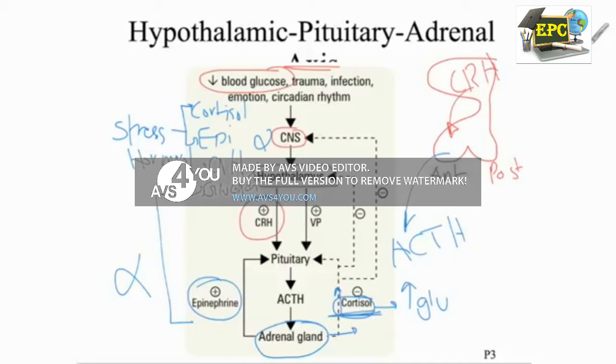If we have, let's say, a decrease in blood pressure, or a major trauma or major blood loss, the hypothalamus, as we said, would interpret this signal, and then it would secrete from the posterior pituitary vasopressin, also known as ADH.